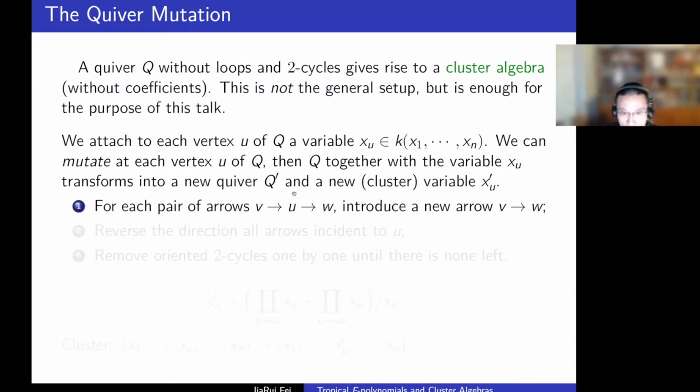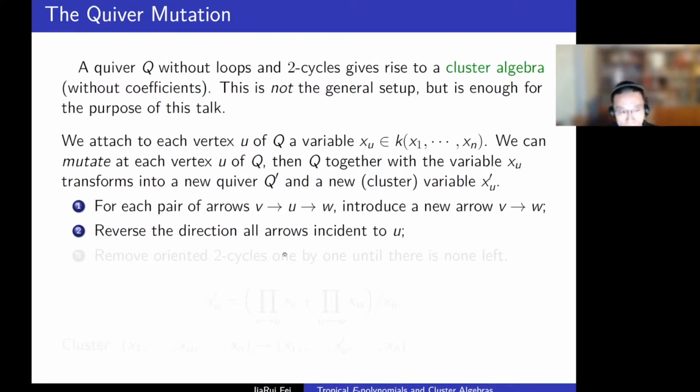For each pair of arrows like this, we introduce a new arrow, and then we reverse the arrows here. Remember that we first fix the vertex u, so this operation is really local, in the sense that you don't need to know the arrows which are not adjacent to u.